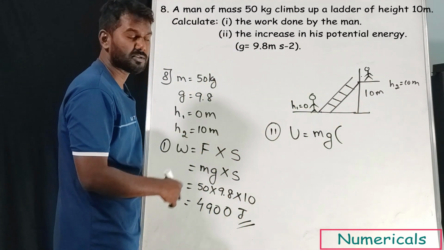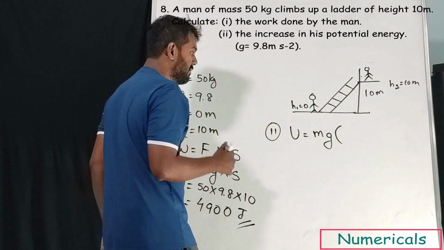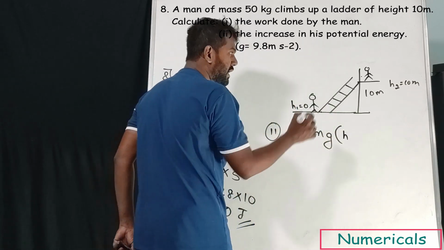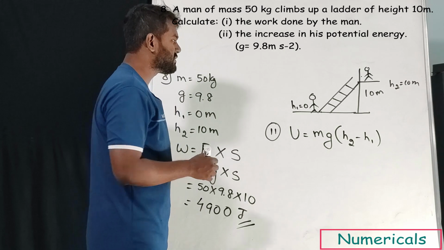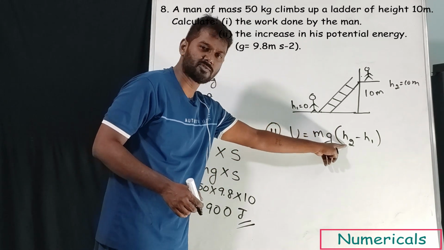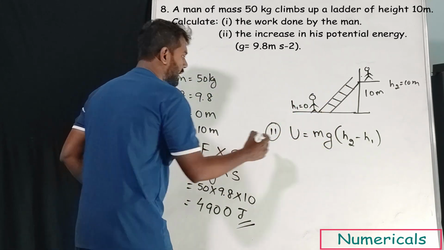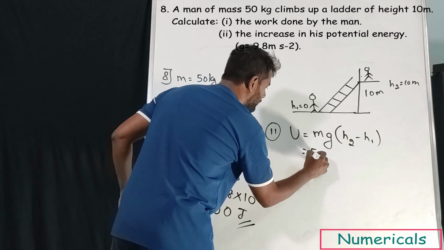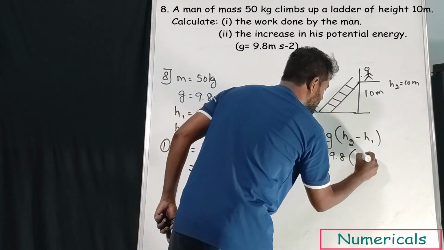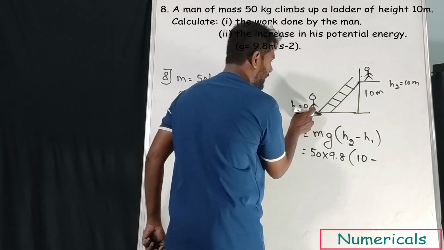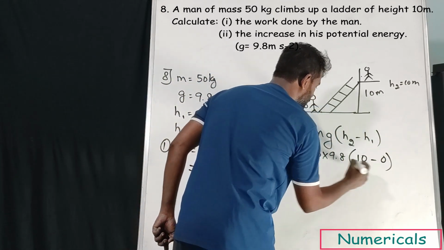Which height we have to take first? h2. Why? Because it has the maximum value, just to avoid the negative value. So h2 minus h1. If h1 has maximum value, then we have to use h1 first, then h2. Now mass of the person is 50, g value is 9.8, into h2 is 10 and h1 is 0 because he is standing on the ground.